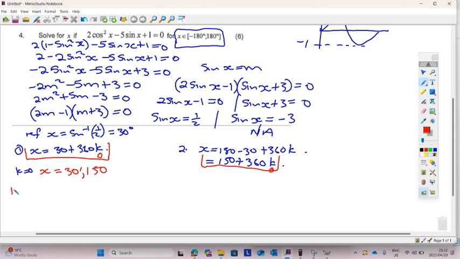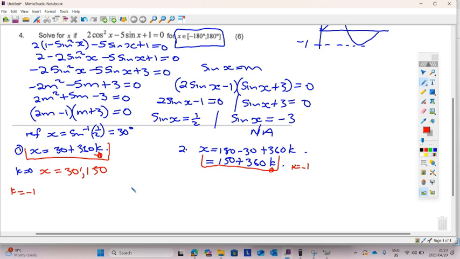How about when k is equal to negative 1? We put negative 1 here. That is negative 360 plus 30, which will be negative 330. And this one, if we put k equal to negative 1, this will be negative 360 plus 150, which will give us negative 210, and it is not within our range.